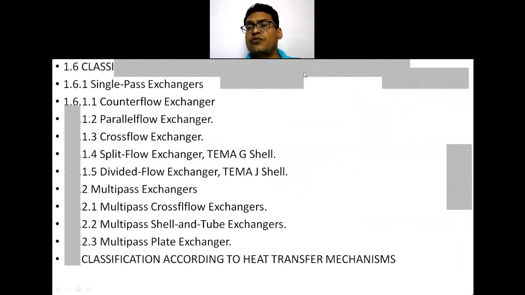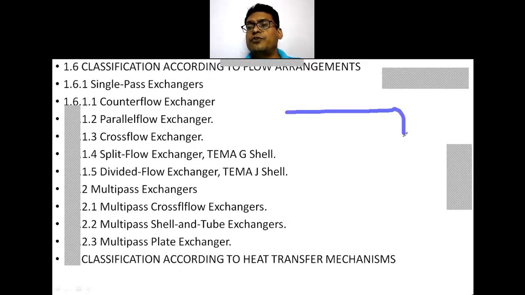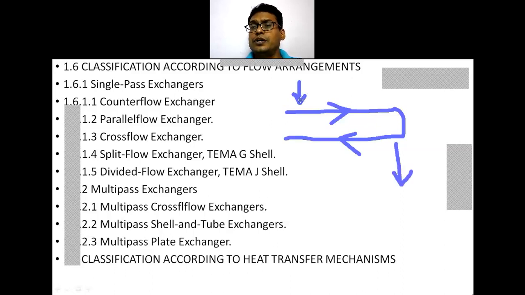That means in case of a shell and tube heat exchanger, the tube side fluid or shell side fluid is passing more than one time, multi-pass. If the fluid is like this in the opposite direction, so tube side fluid, it moves like this and changes its direction and reverts back.